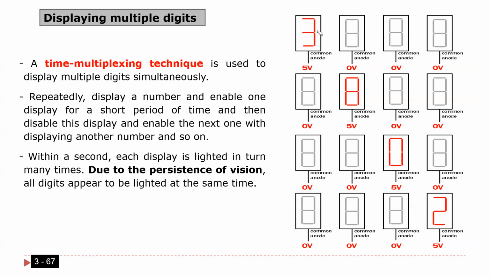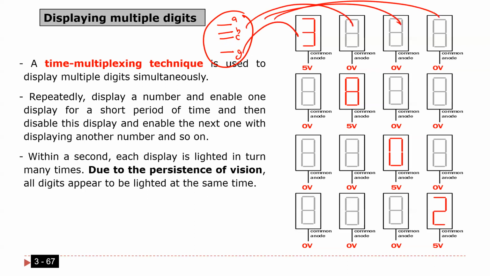So how can this reduce the number of pins? I'm gonna tell you how. Look here, guys. The way you are gonna do it is you are gonna have seven pins for A, B, C until G. These 7 pins are connected to all of them at the same time.